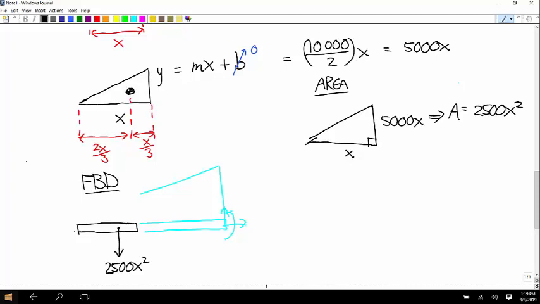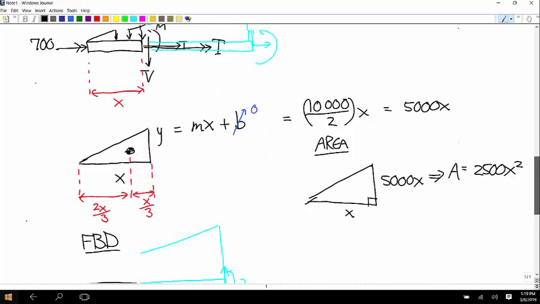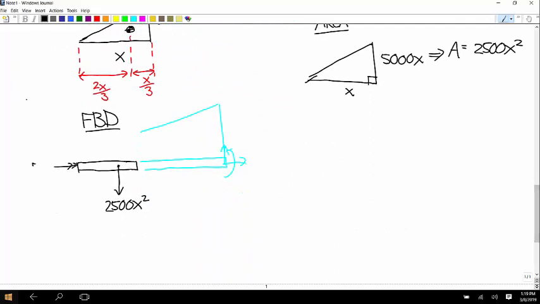And then we have the torque, 700. And then we have the tension, shear force, bending moment, and torque. And now that we've represented that distributed load as a point force, now we can finally do the math.